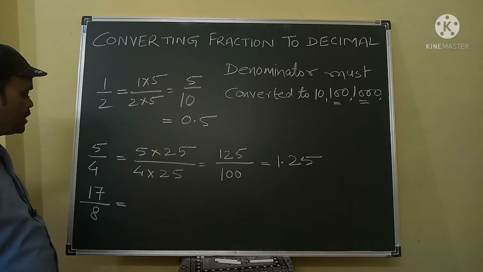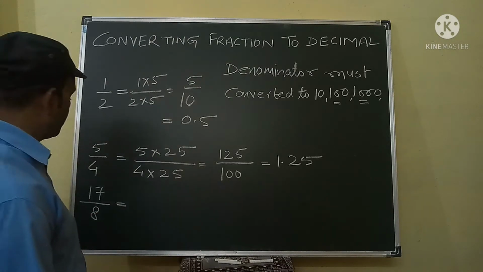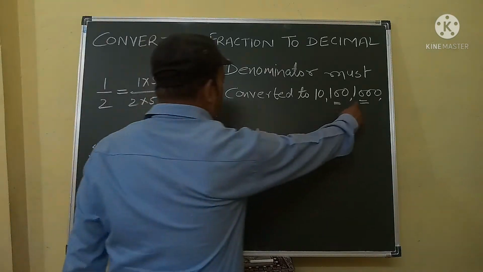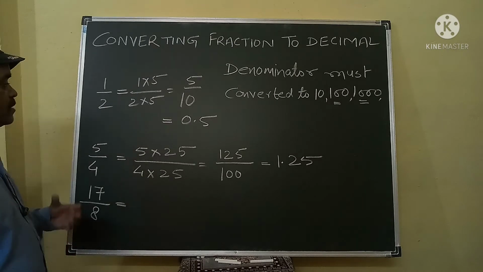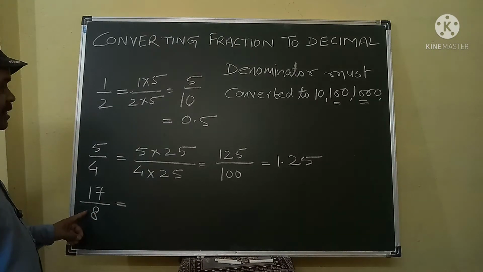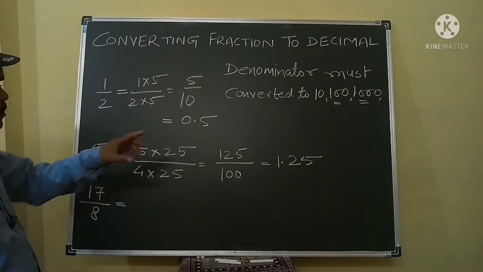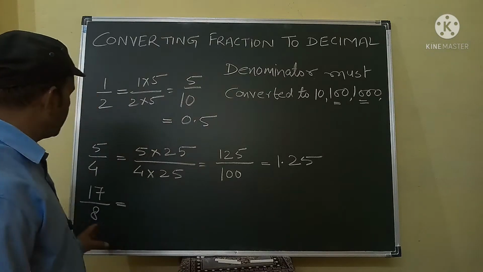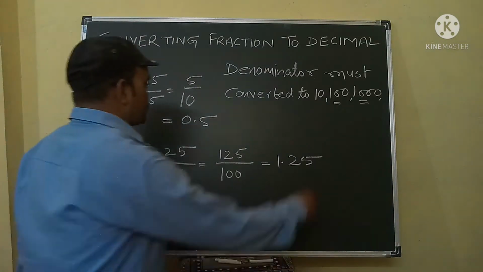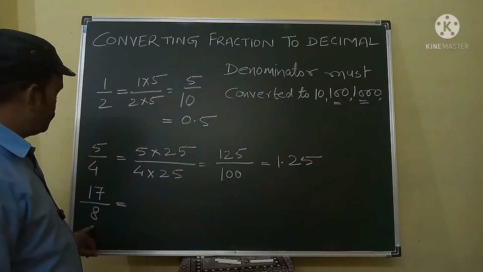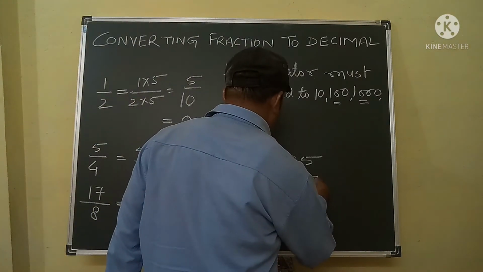So we will divide 1000 by 8. Now look here. 1000 divided by 8. 8 1s are 8. 10 minus 8 is 2. Next number is 0. 8 2s are 16.